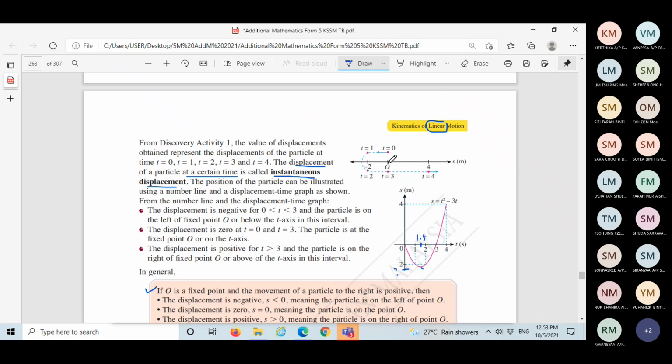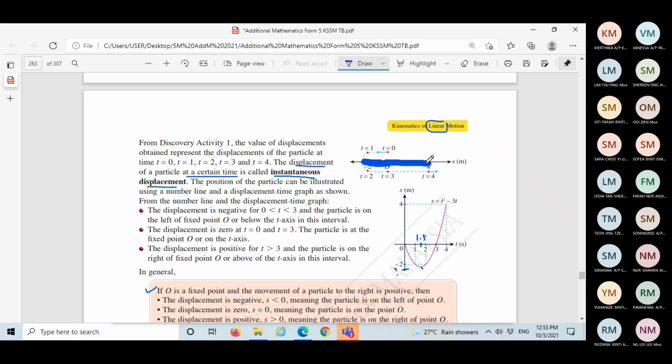Start here. When t is 0, it moves along a straight line. When t is 1, it reaches here. When t is 1.5, it comes to here. Then it stops for a while, then it turns back. When t is 2, it comes back here. When t is 3, it comes back here. Then when t is 4, it goes here.